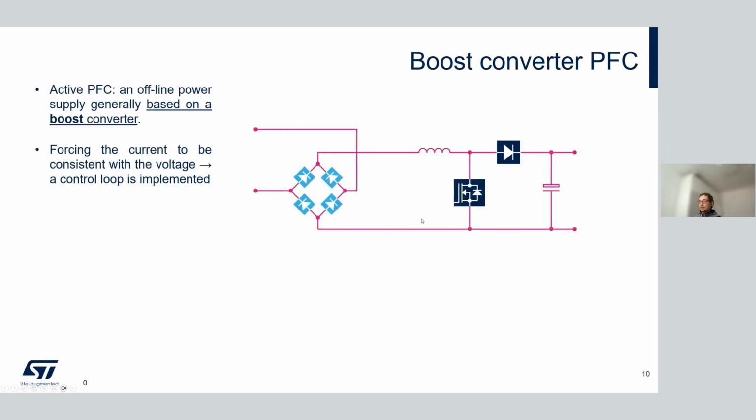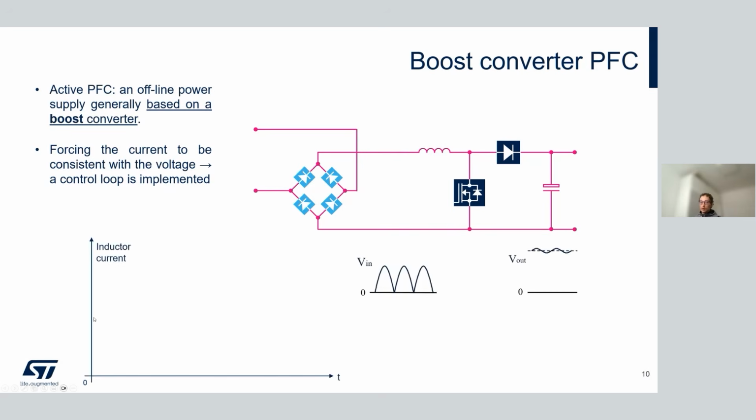So what is it? The boost converter is quite simple. You have just a rectifier, inductor, the MOSFET, and the diode. And by proper duty cycle, you try to modulate the input current to have the envelope of the sinusoidal. What does it mean? In case you switch on the channel of the MOSFET, the inductor current is rising, and as soon as you switch off the channel, the current inside the inductor cannot be cancelled immediately.